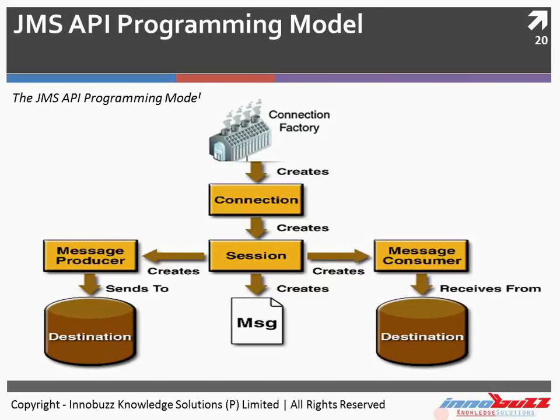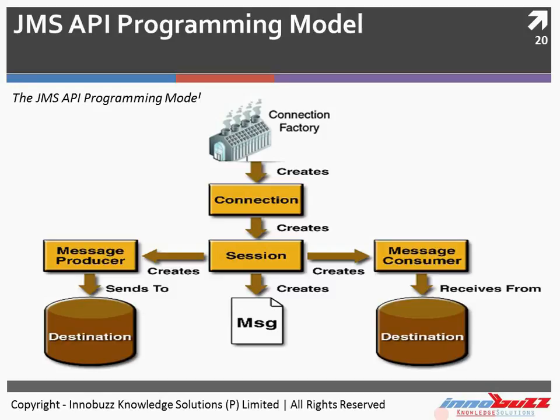Whenever you have any JMS application to develop, these components must be included within the development of any programming model. It involves administered tools, which in turn have connection factory and destination. Here, if you see in the diagram, the connection factory will be responsible for creating the connections. Once the connections are established, it can also get the sessions, and it can have one or more sessions generated.